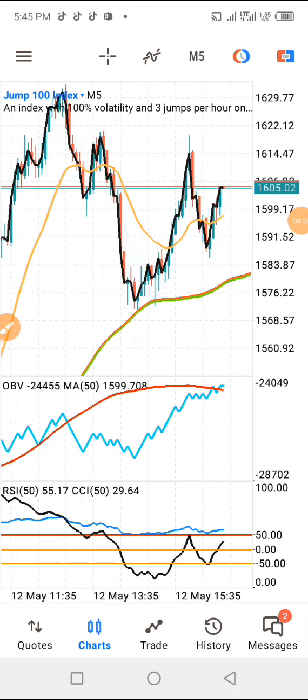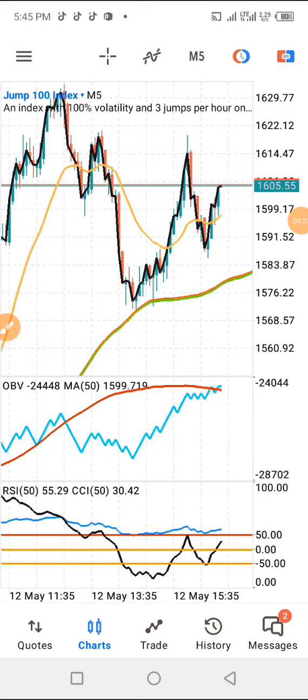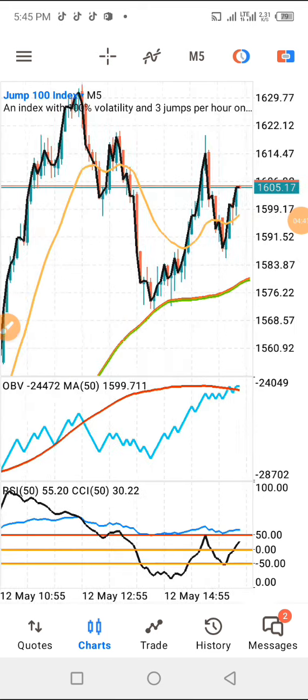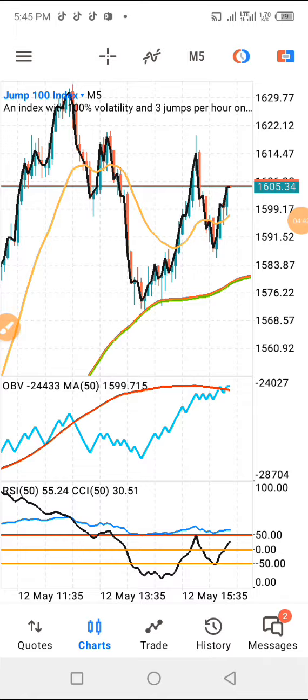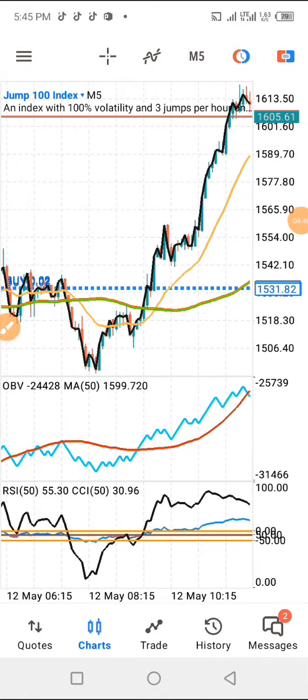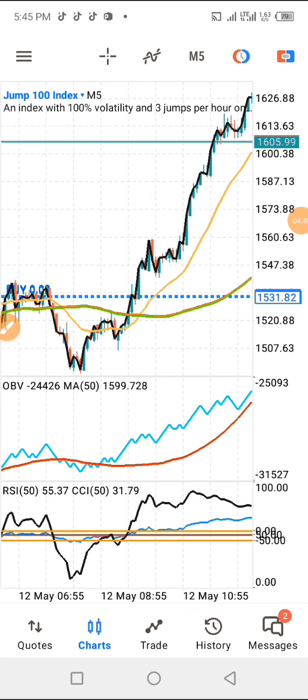But when price breaks below it, then two things are involved. Either price is trying to make a change of character from bullish to bearish, or probably price is just making a pullback. Whichever case it is, it depends on your area of exit. If you are satisfied with the profit made, you can exit. Now we can't only depend on these 3 indicators in the main chart.